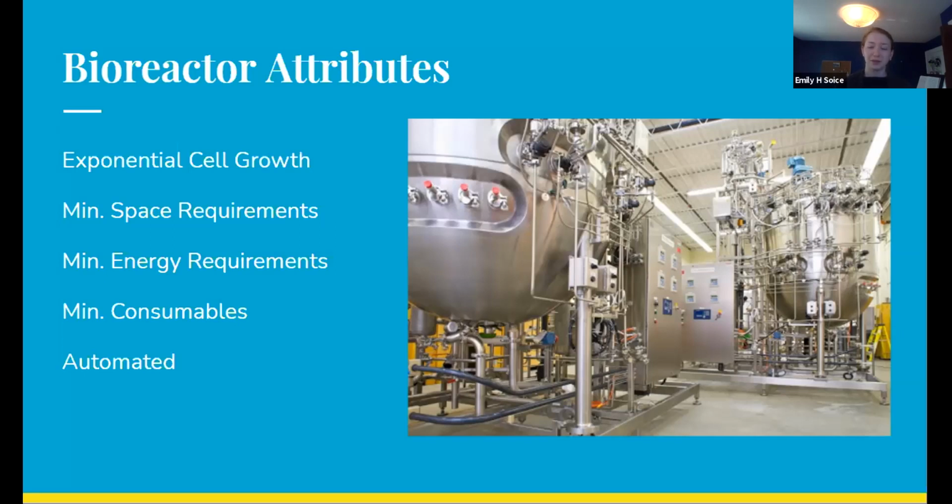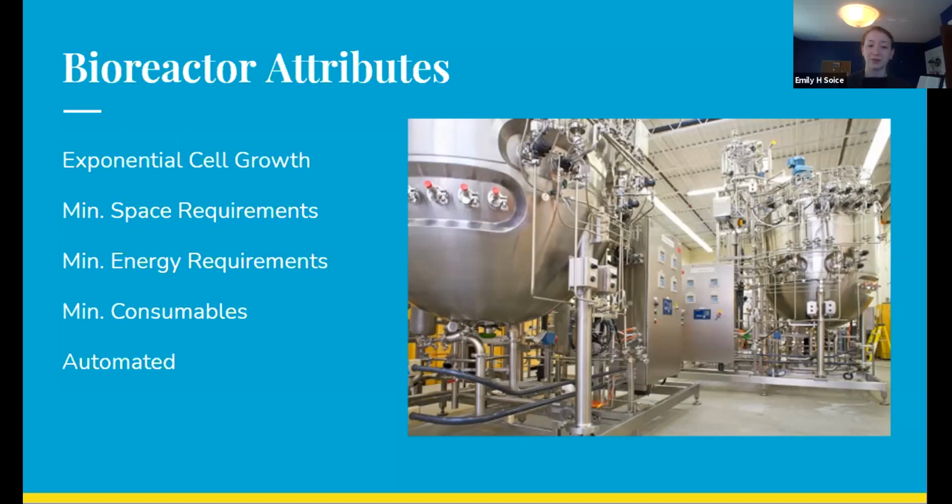You want minimum space requirements, so maximizing the cell density you can have, which depends on the type of bioreactor. Marian Ellis is especially working on this variable, using hollow fiber reactors, because these are some of the best bioreactors for maximizing cell density.